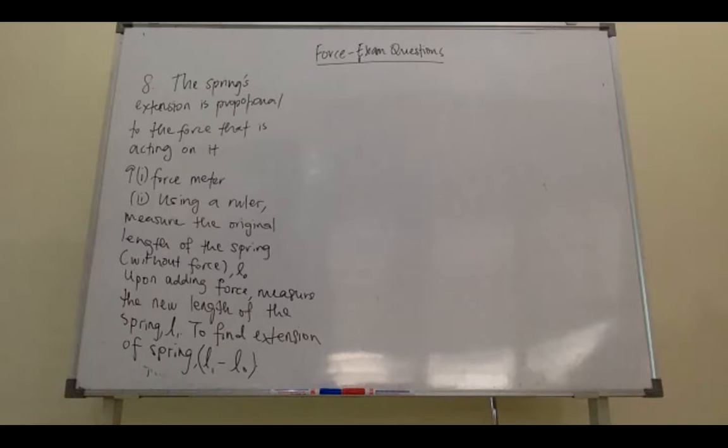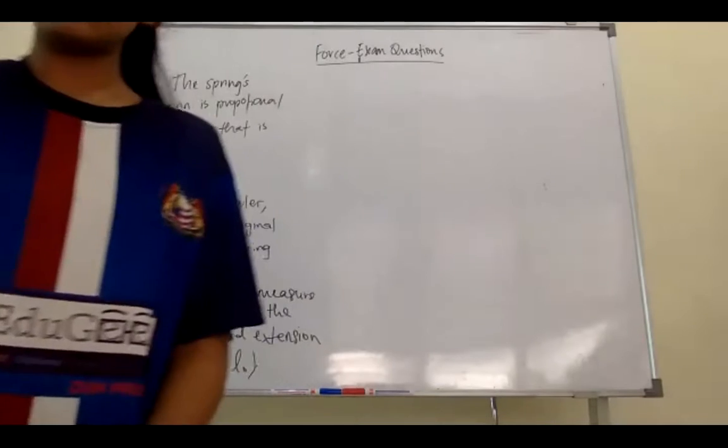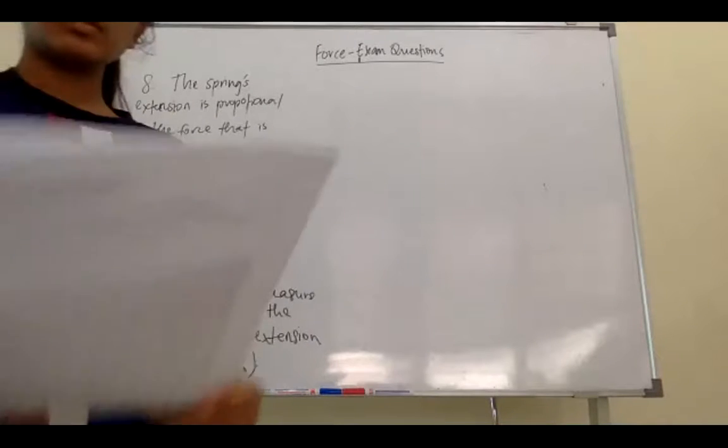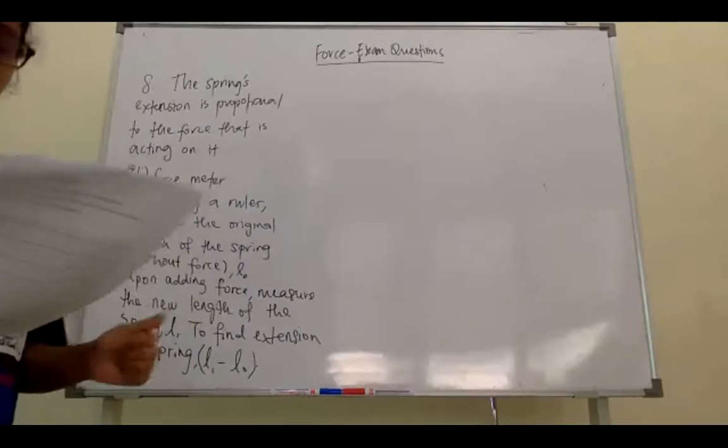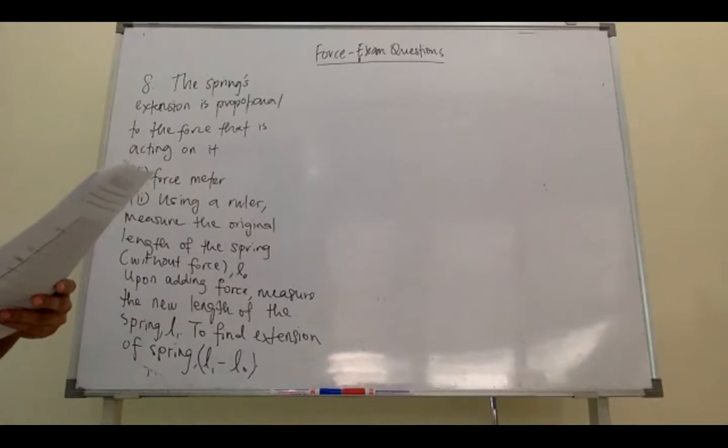Okay, the next question. What conclusion would you draw from this investigation? What's the conclusion? I wrote the extension of the spring is proportional to the force being added. Yeah, you can write.